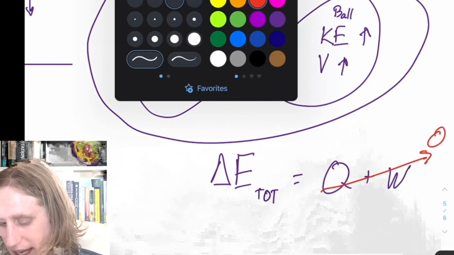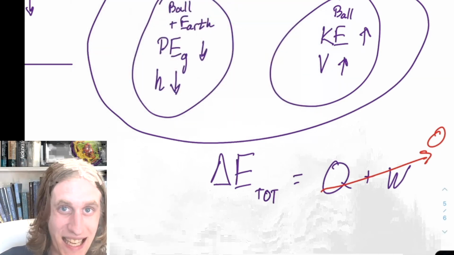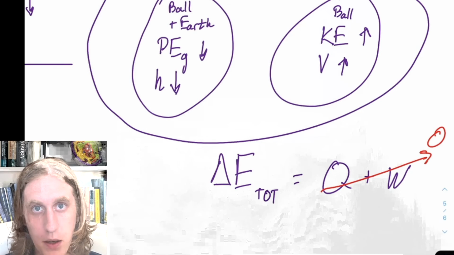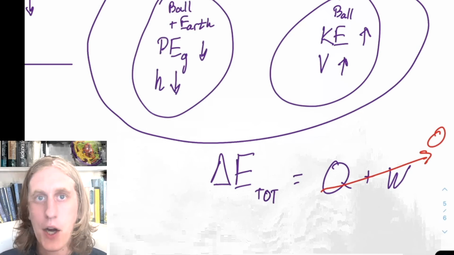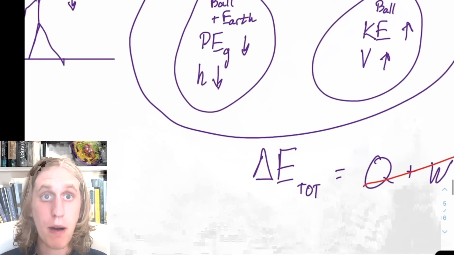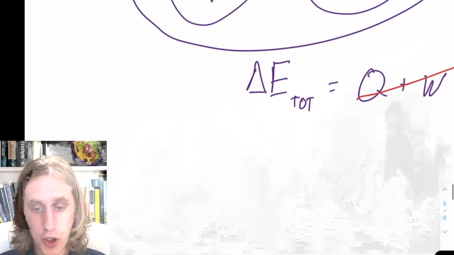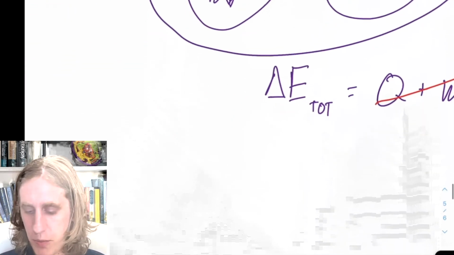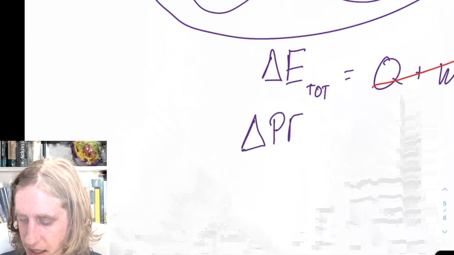Now, we want to expand our delta E total into the individual kinds of energies that matter. We already know how to do this. We just have to look at our bubbles. We have two bubbles, so we're going to have two terms in the equation. The first term is just the gravitational potential energy of the ball, delta PE_G.